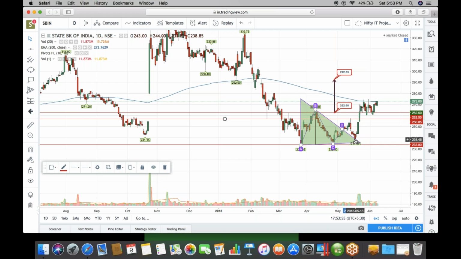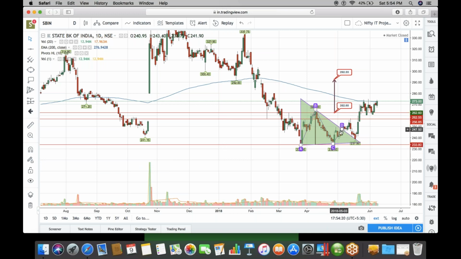Okay, now why does it happen? First and foremost, which I discussed with you, when this breakout happened and say for example somebody traded this, did he see this resistance line? I repeat, what did I say? Whenever you trade any breakout in a triangle, you need to first look at overhead resistance and downside support lines.